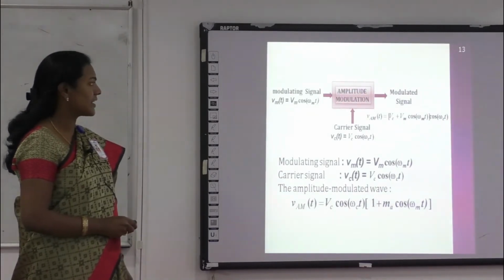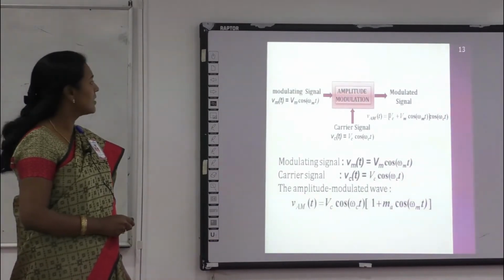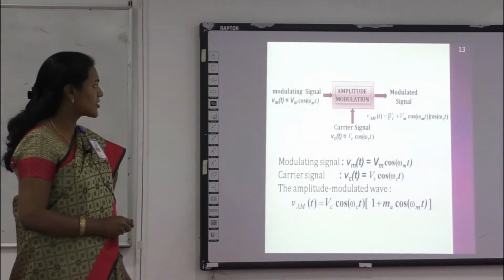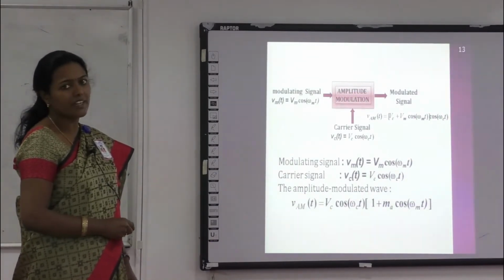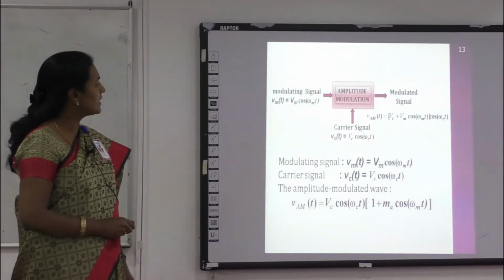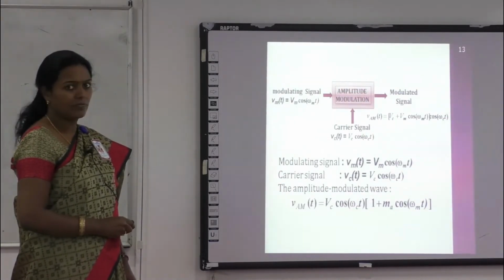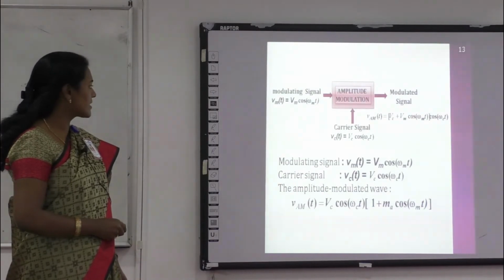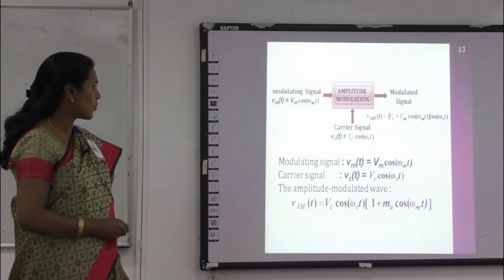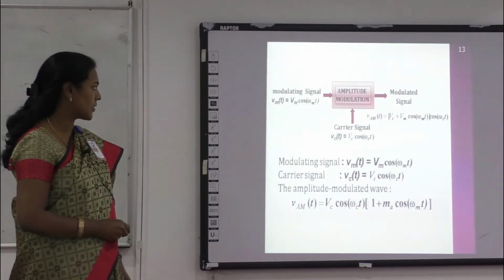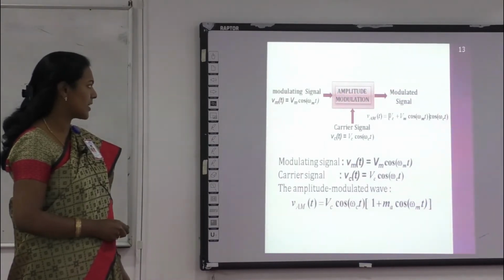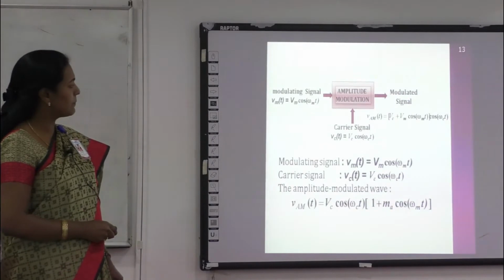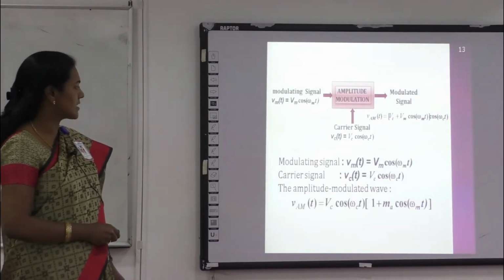The frequency of the carrier will not change. During amplitude modulation, the frequency or phase of the carrier will not change. Only the amplitude of the carrier changes. So the instantaneous voltage of the modulating signal is represented by Vm of t equal to capital Vm cos omega m t. What is capital Vm? The peak voltage of the modulating signal.